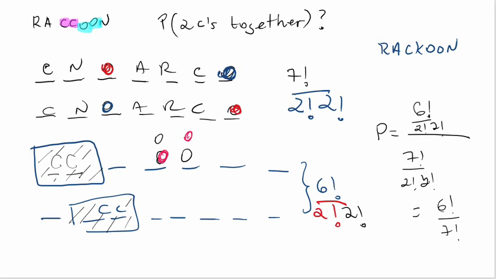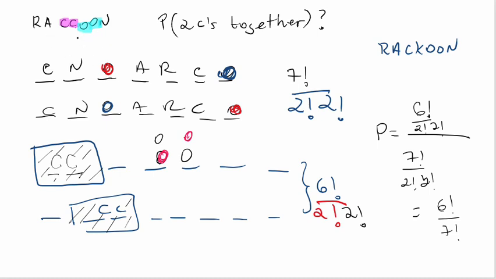So the problem was this: I have the word raccoon, and I'm asking what's the probability of two C's coming together. First of all, if you think about the toolboxes, this is just an equiprobable space, and you just have to do the number of cases that you are interested in over the number of total cases.